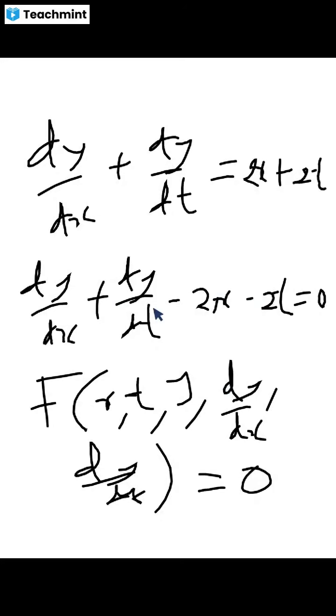It's one of the solutions because a given partial differential equation has more than one solution. Sometimes it might have an infinite number of solutions. So it is not only this expression that satisfies this partial differential equation. We might have some other expressions that can satisfy it.